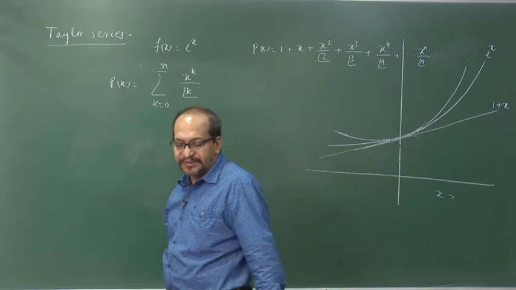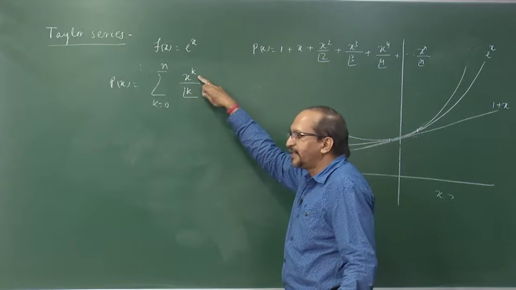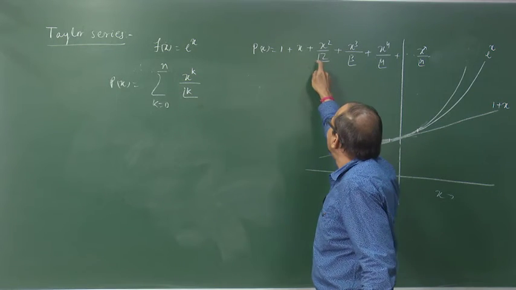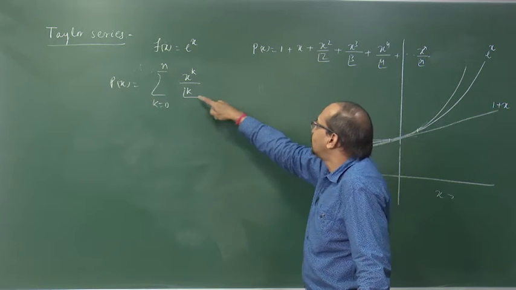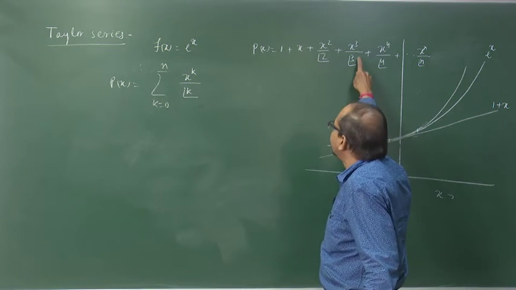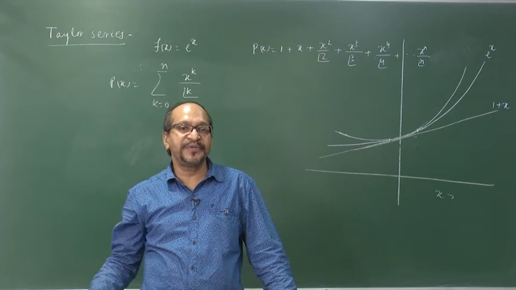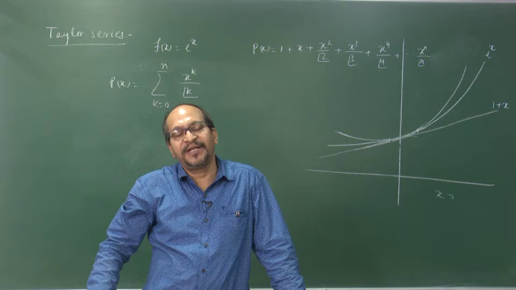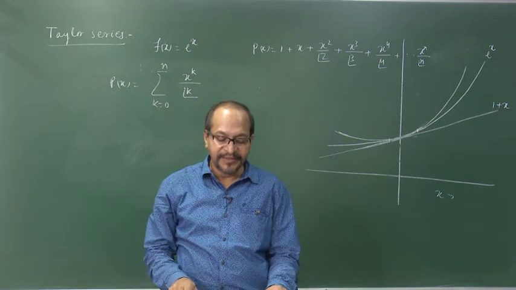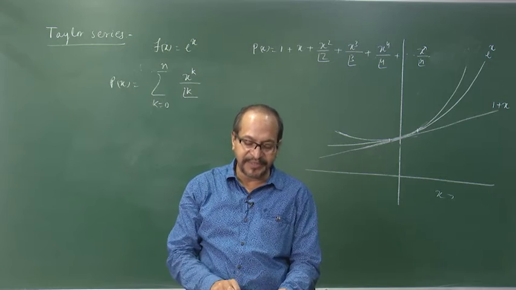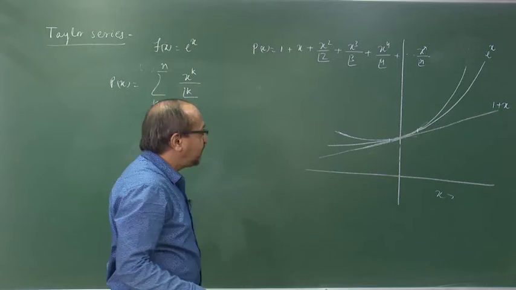When we put k equal to 0, it is 1, then k equal to 1, it is x, then for k equal to 2, it is x square by 2 factorial, for k equal to 3, it will be x cube by 3 factorial, and so on. So, this is a polynomial approximation to a function, provided it satisfies certain conditions.